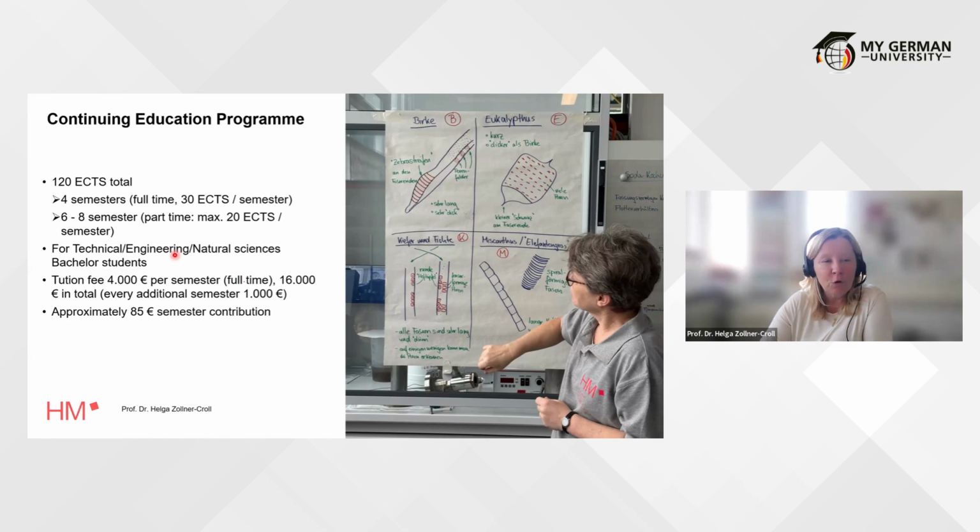It is for any kind of technical, engineering, or natural science bachelor students who do not have any experience in paper making. As it's a continuing education program, it requires that you have at least 1 year of working experience after your graduation as a bachelor. It requires tuition fees. This is 4,000 euros per semester as a full-time student.